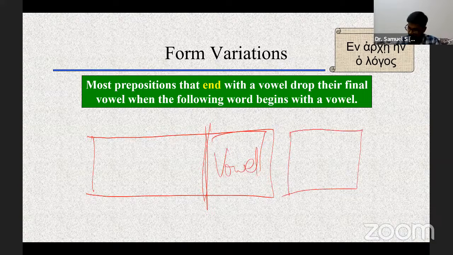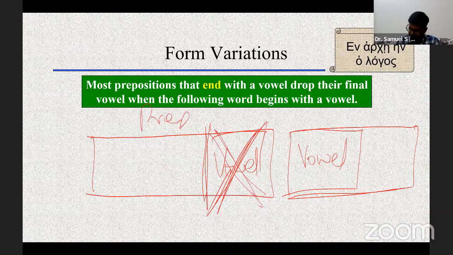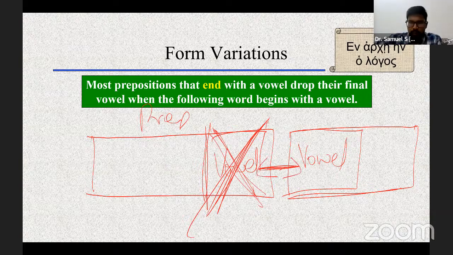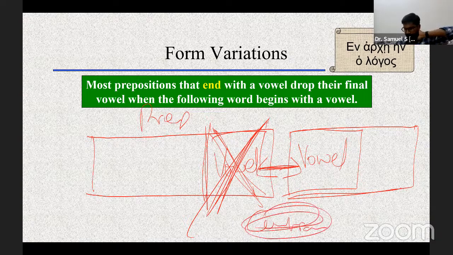And let's say the next word begins with a vowel. This last vowel in the preposition drops out because in Greek, vowel clashing is disliked, right? Or rather, stuff happens. We saw that in contract vowels, right?